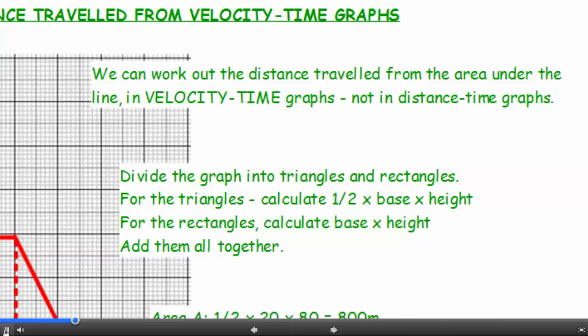So to work out the area, you divide the graph into triangles and rectangles. It'll all make sense. For the triangles, you calculate half times base times height. And for the rectangles, you just calculate base times height. And then you just add them all together. It's easier than it sounds.